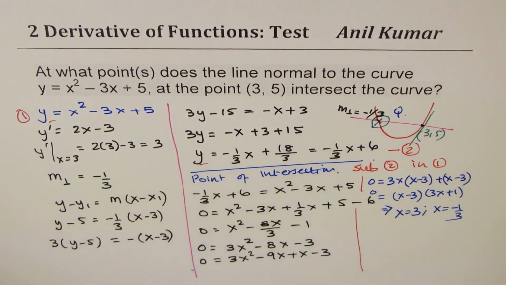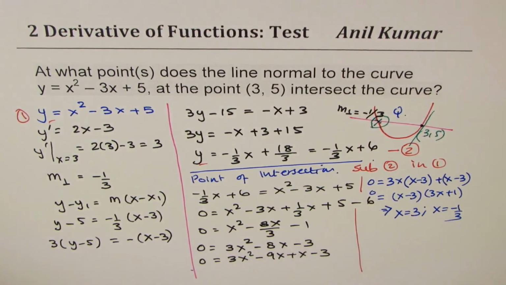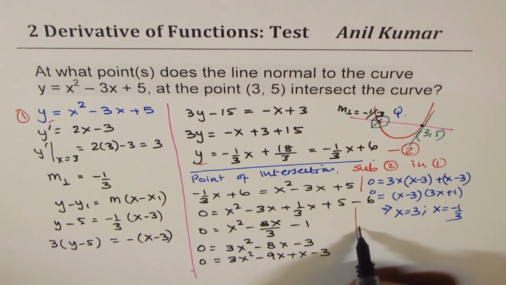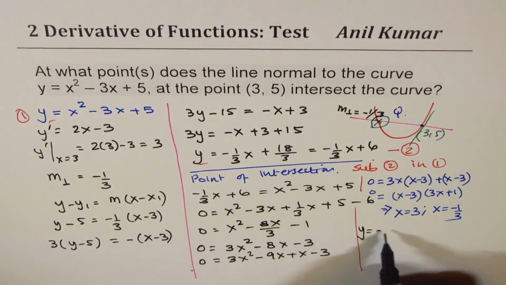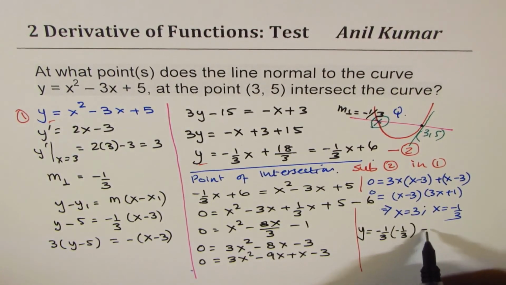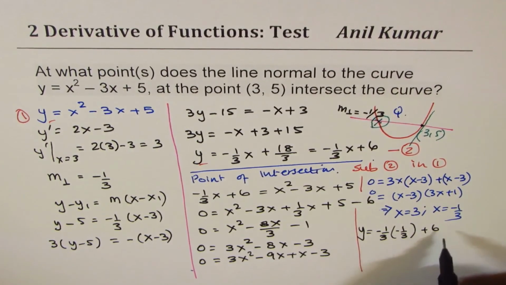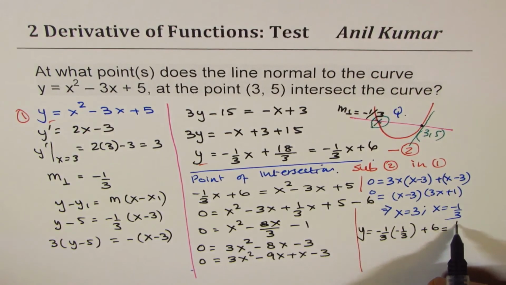So let's find the y value. We can use the equation of the line itself to find the y value. Substituting minus 1 over 3 for x, we get y equals minus 1 over 3 times minus 1 over 3 plus 6, which is plus 1 over 9, right?